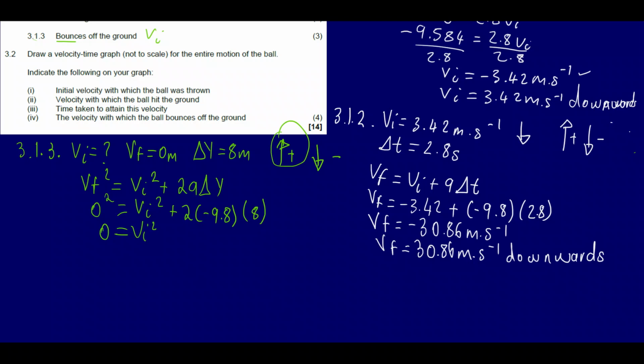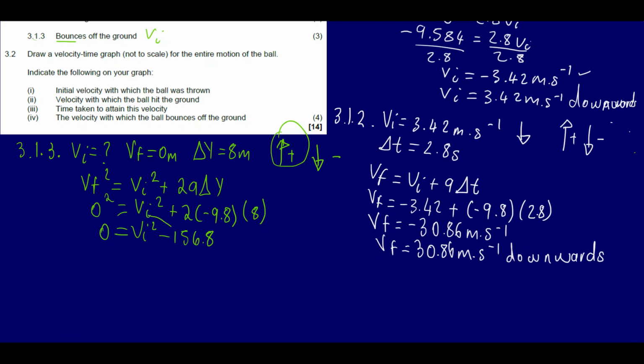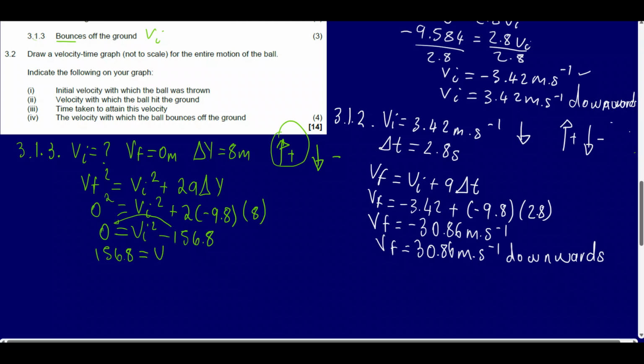So Vi squared, this is 0, so 2 times negative 9.8 times 8 is going to give you negative 156.8. Transpose, and then 156.8 is equal to Vi squared.